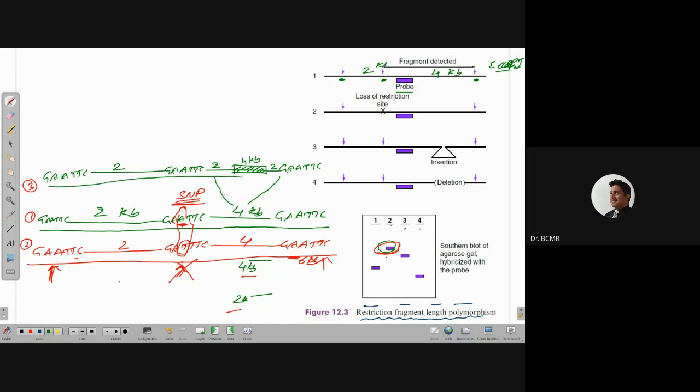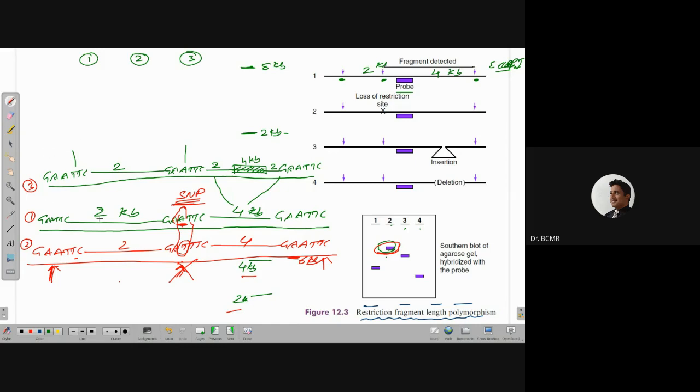Now if we add EcoR1, what size of bands would we get? We will get a 2 kb fragment, then from here and here we will get 2 plus 4 plus 2, that is an 8 kb fragment, and this is a 2 kb fragment. Let's compare again what would happen to sample 1, sample 2, and sample 3.